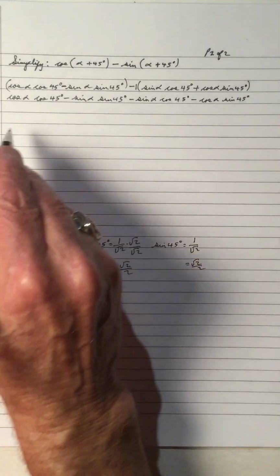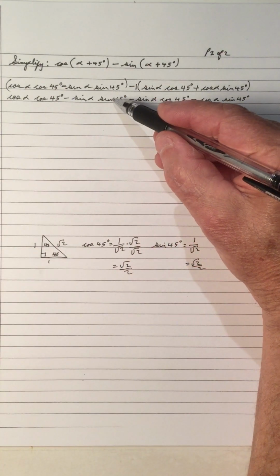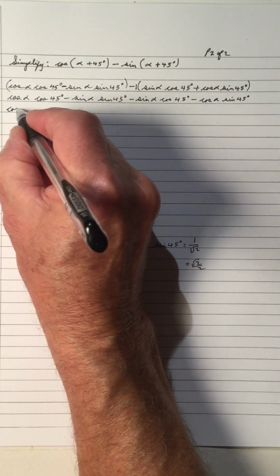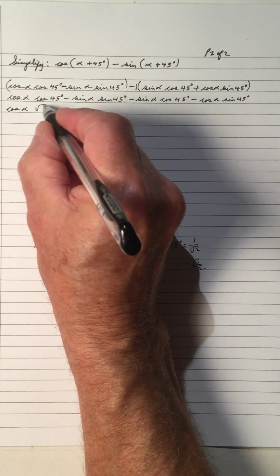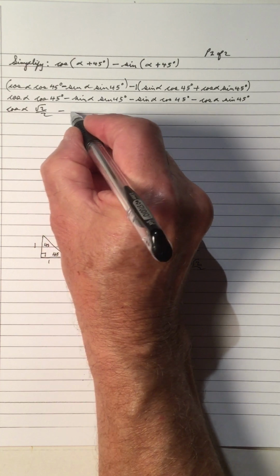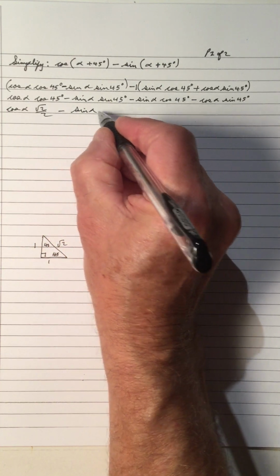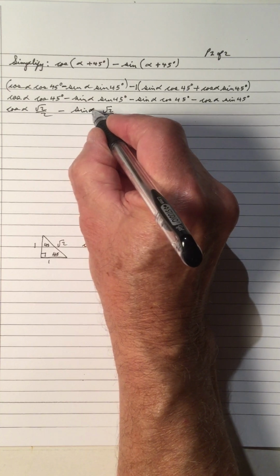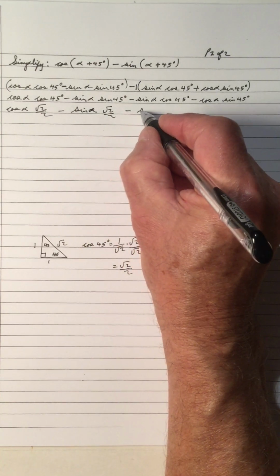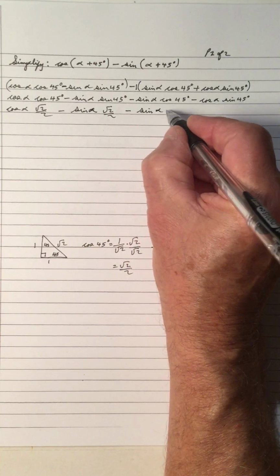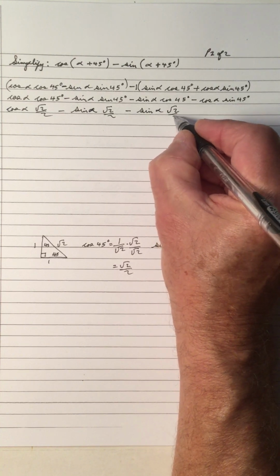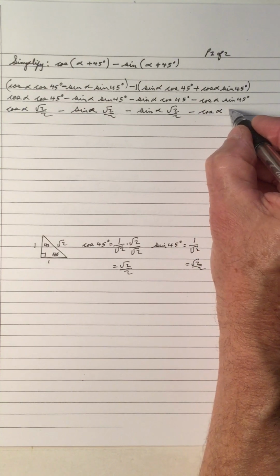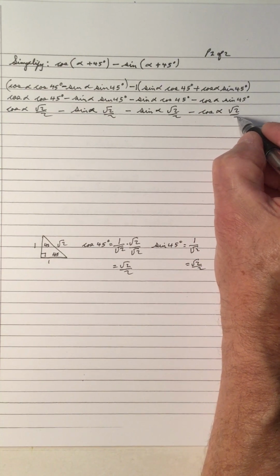So let's go up here and change the cos 45 and the sine 45 to root 2 over 2. Cos alpha root 2 over 2, subtract sine alpha root 2 over 2, subtract sine alpha root 2 over 2, subtract cos alpha root 2 over 2.